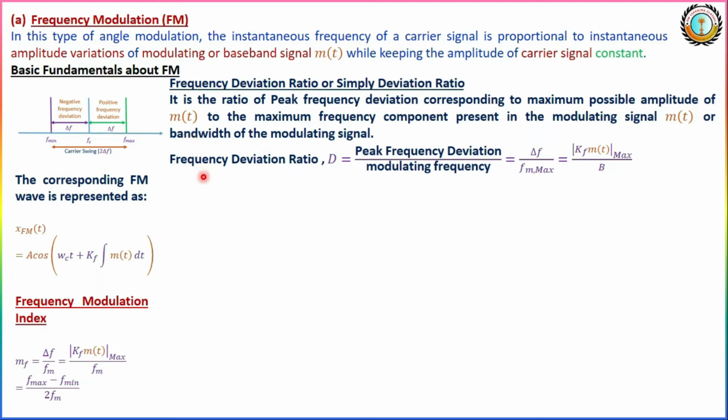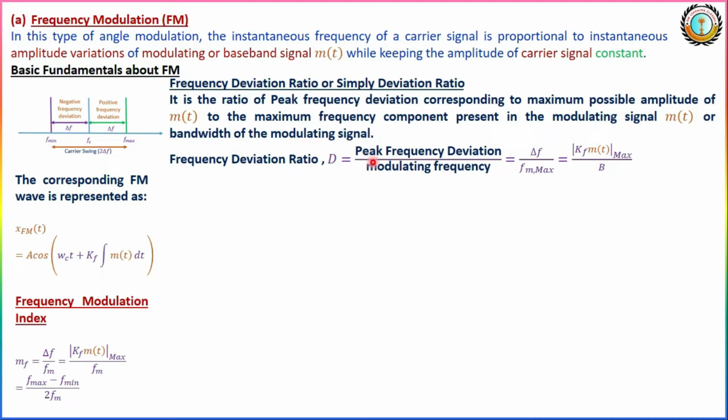As per the definition, the frequency deviation ratio is the ratio of peak frequency deviation corresponding to the maximum possible amplitude of the modulating signal, which is our mp signal, to the maximum frequency component present in the modulating signal. Or it can also be expressed in terms of the bandwidth of the modulating signal.